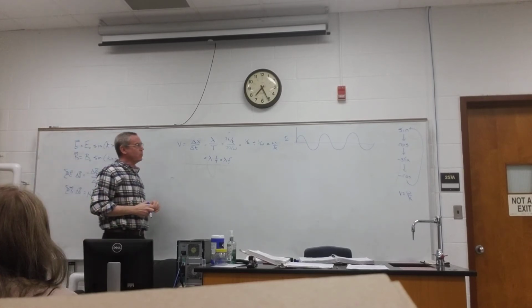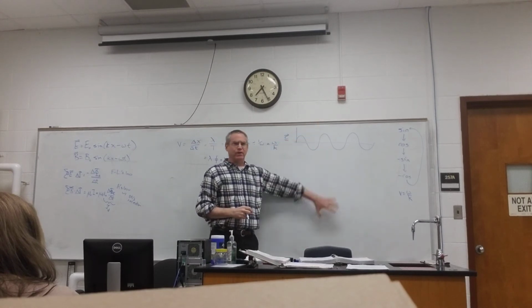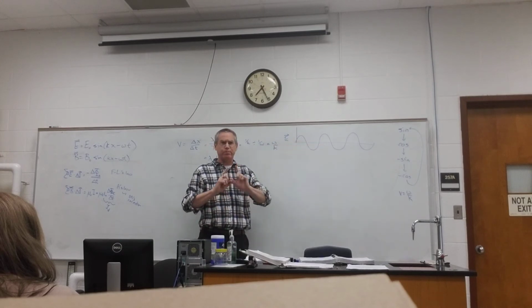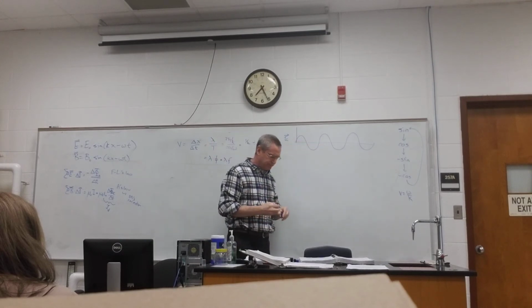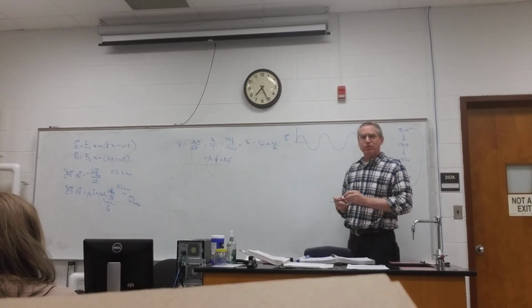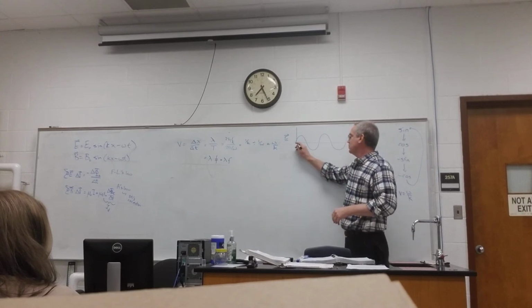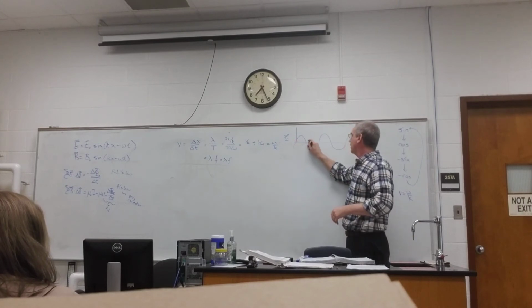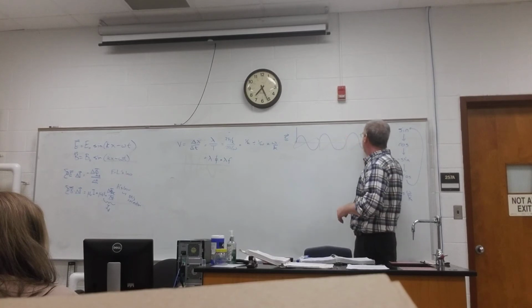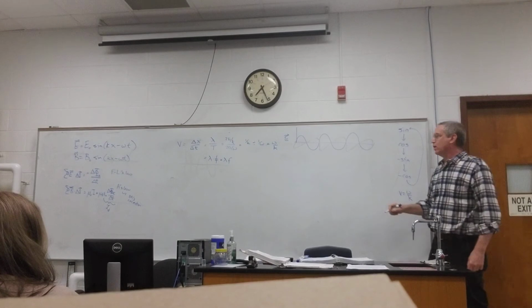Sloppy notation, but I'm going with it anyway. As my electric field is going up and down like this on the board, my magnetic field actually is going to be perpendicular to that. They are perpendicular to each other. And so my magnetic field, this is my attempt at drawing in 3 dimensions, so do it however you need to. That's my attempt at a magnetic field coming out of the board.